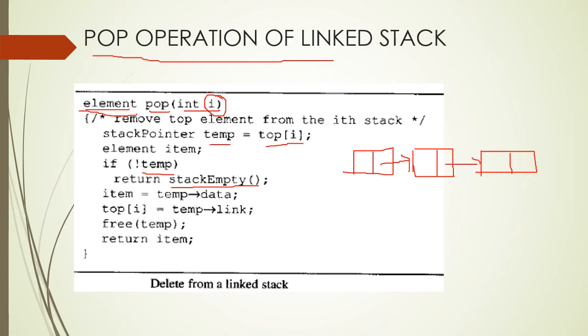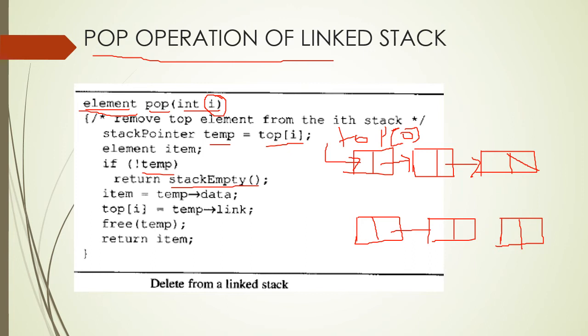The first stack has 3 nodes, pointed to by top of 0, that is stack 0. And the second stack, stack number 1, also has 3 nodes, and the link field is like this, and the link field of the last node is null. This is pointed to by top of 1.